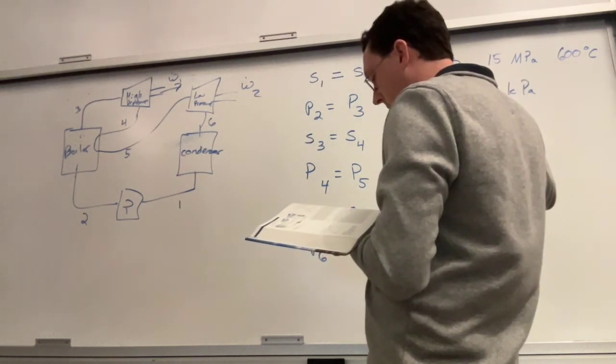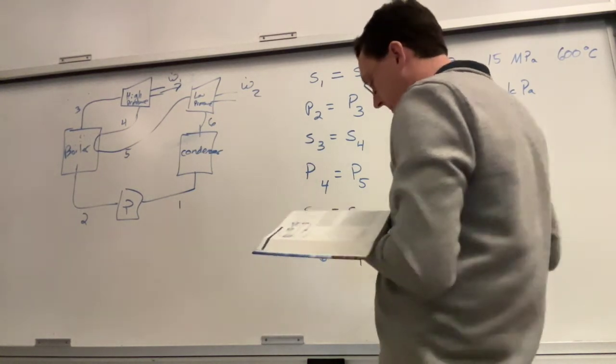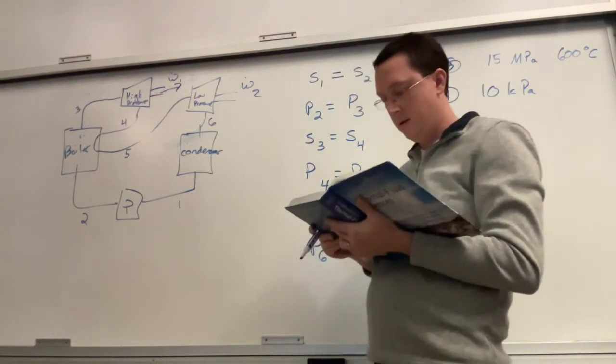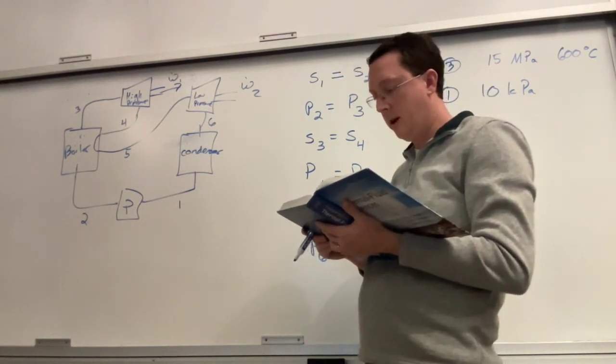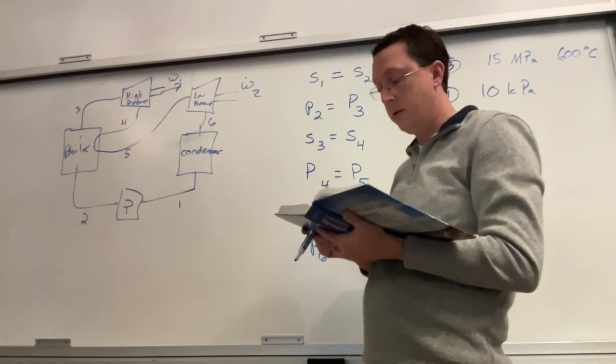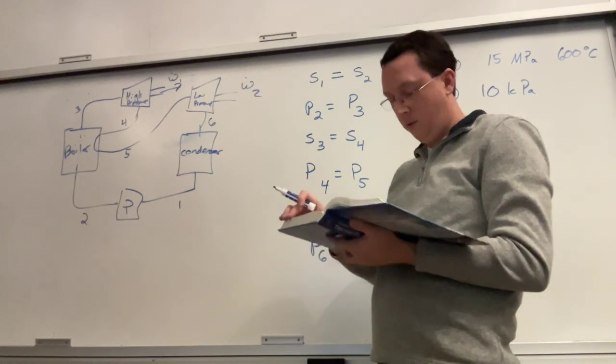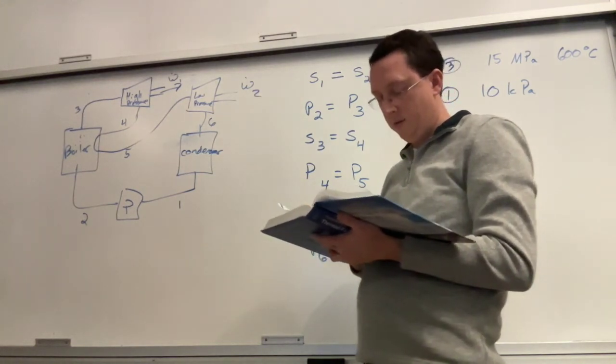The moisture content of the steam at the exit of the low pressure turbine is not to exceed 10.4%. What would that actually mean?